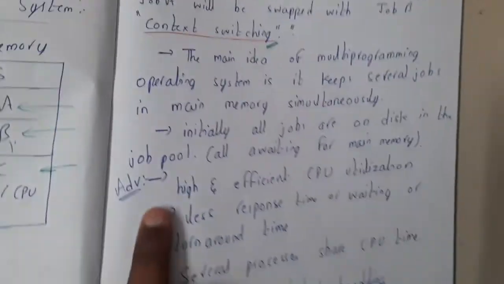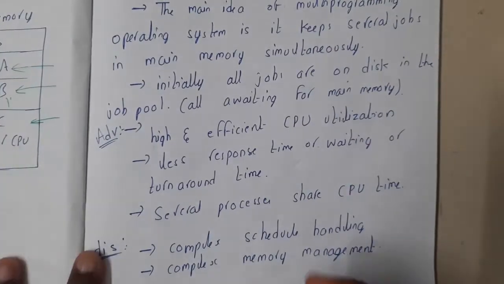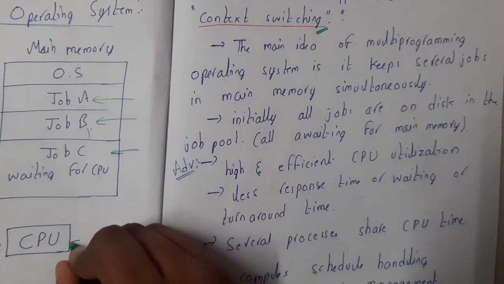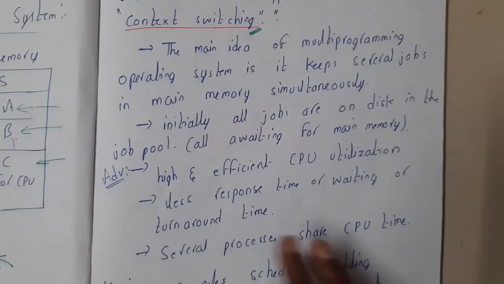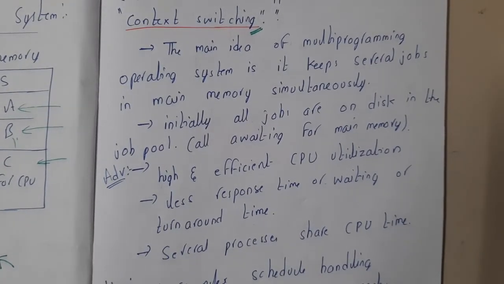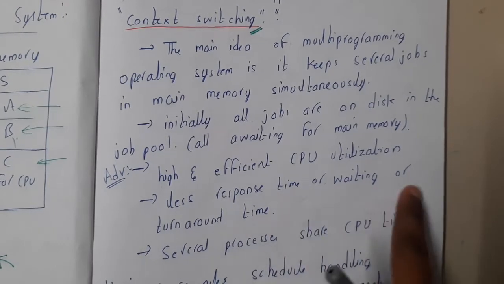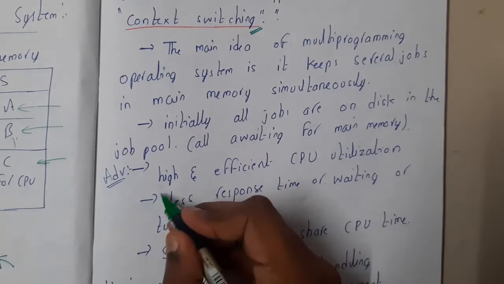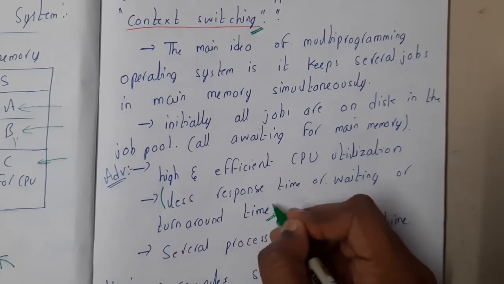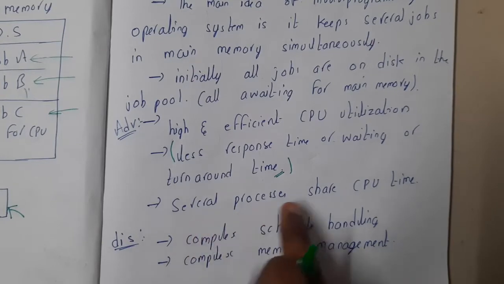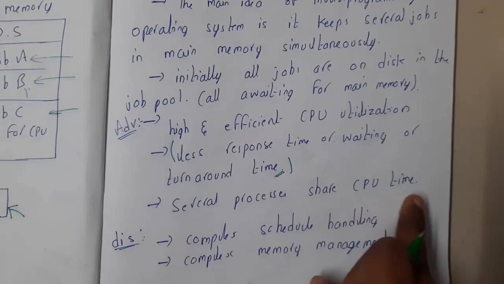Now let us go through some advantages and disadvantages. The major advantage: did you notice any time that the CPU is idle? No, right? That is the reason it has very good efficiency and utilization. Similarly, lesser response time, wait time and turnaround time. I'll be discussing these terminologies later, so for now you can keep this option aside. The third point says that several processes share the CPU time.